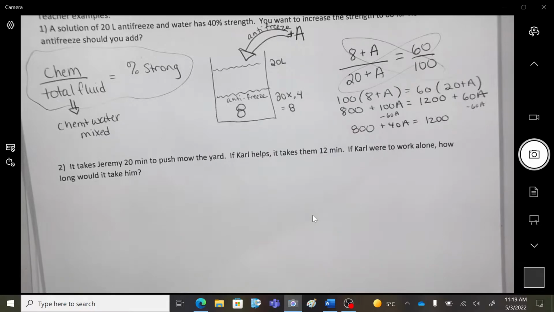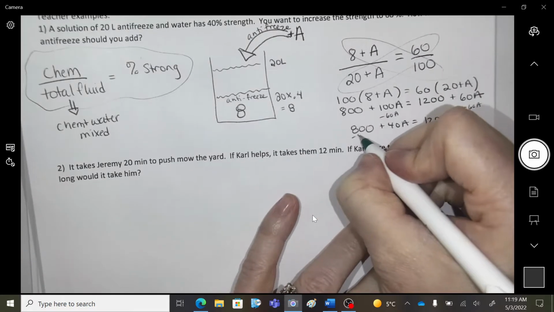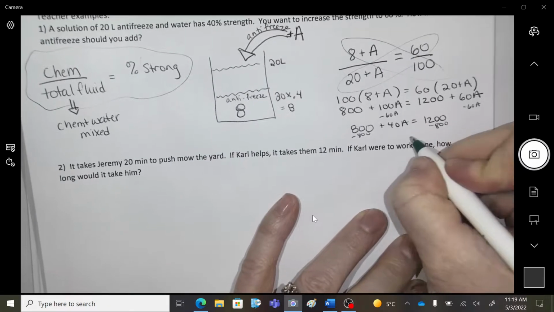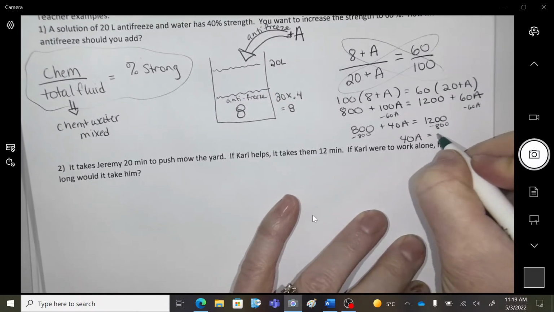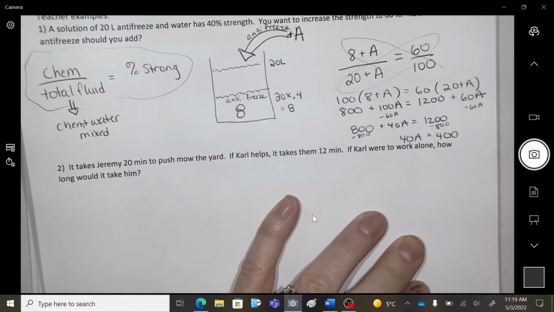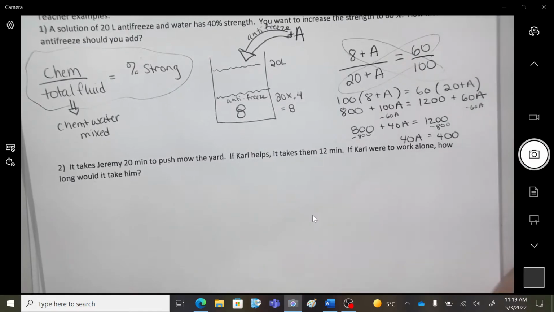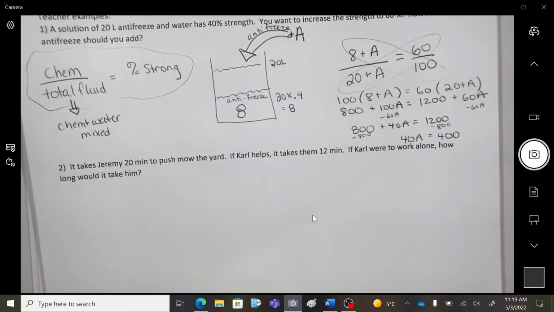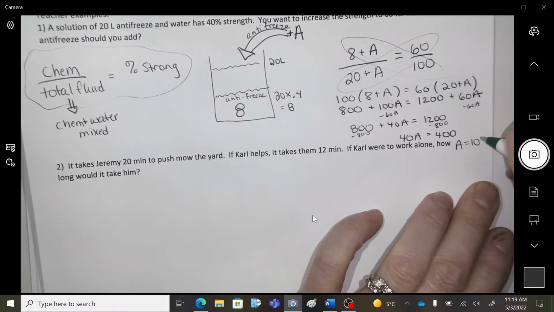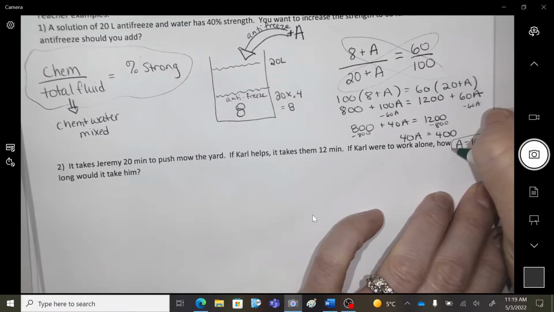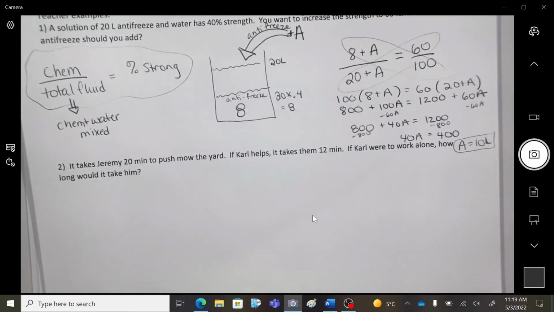So I'm isolating the a's. Then I'm going to minus 800. And A equals 10 liters. So you're going to have to add 10 liters of antifreeze to this. Okay? And now it's going to be a 60% mixture.